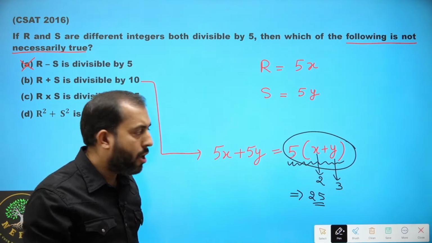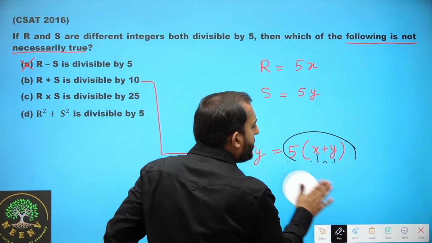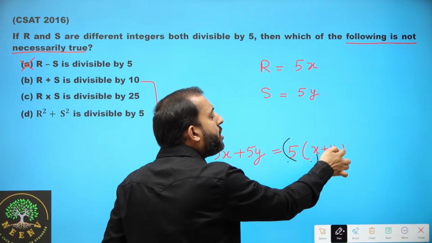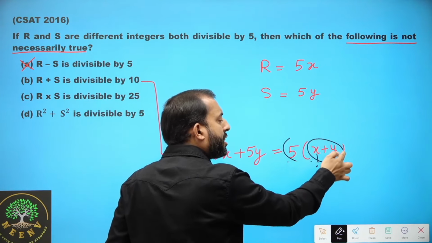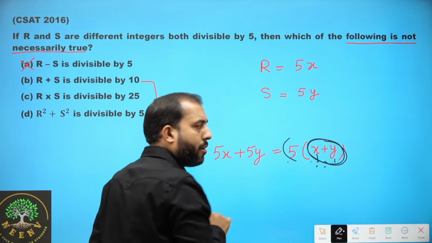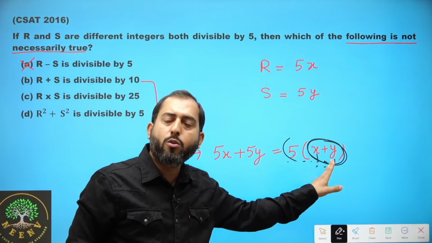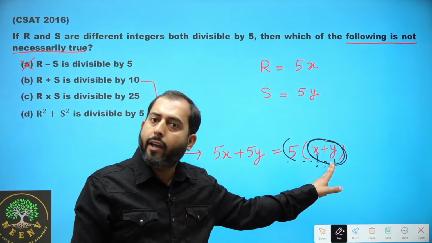No. So whether this expression will be divisible by 10 or not will solely depend upon this expression. If this value is 2, then 5 into 2 will be divisible by 10.